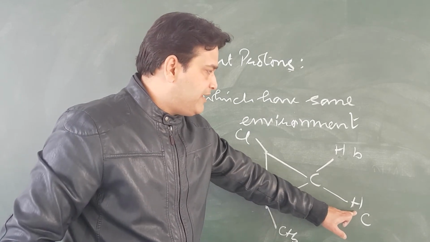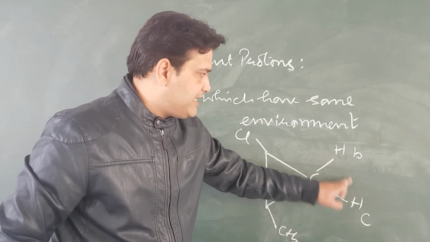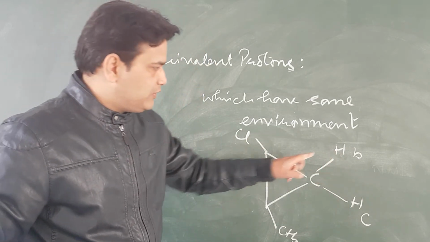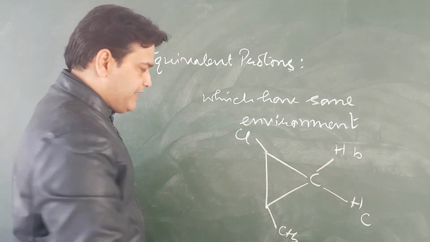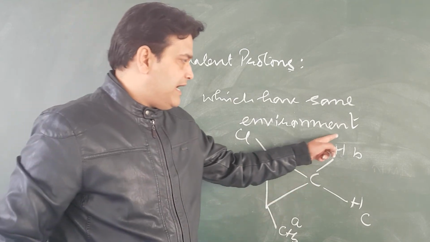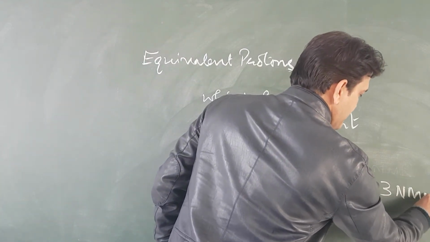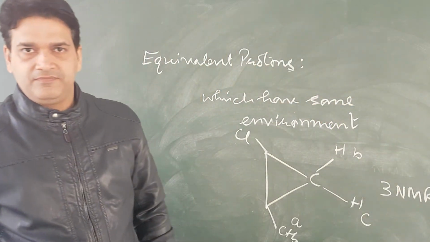What is the environment? H atom, CH3 group. What is the environment? H atom, Cl group. So these two protons are different. It is of A type and B, C, and there will be 3 NMR signals.